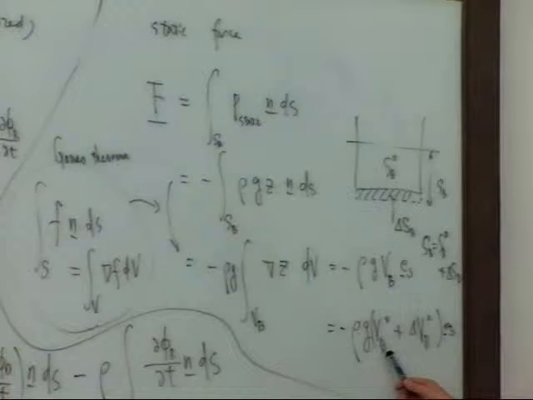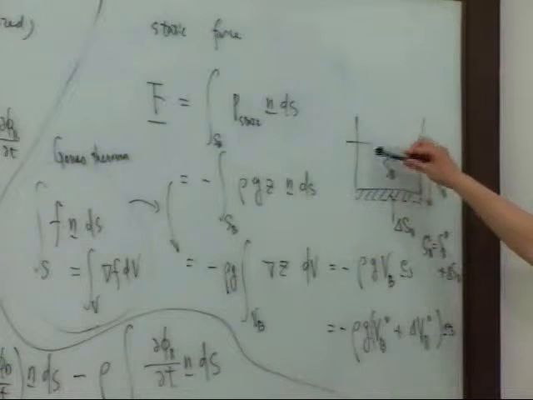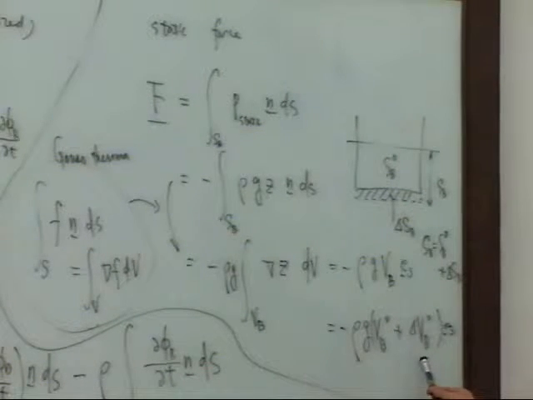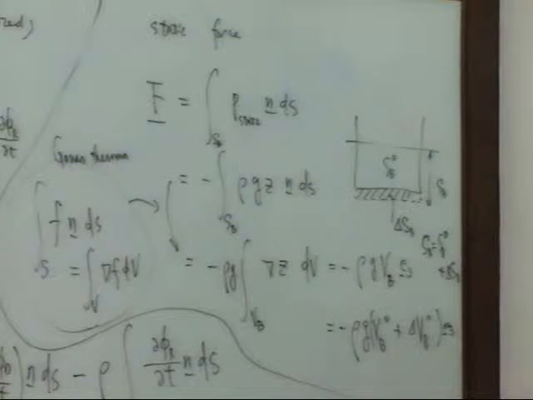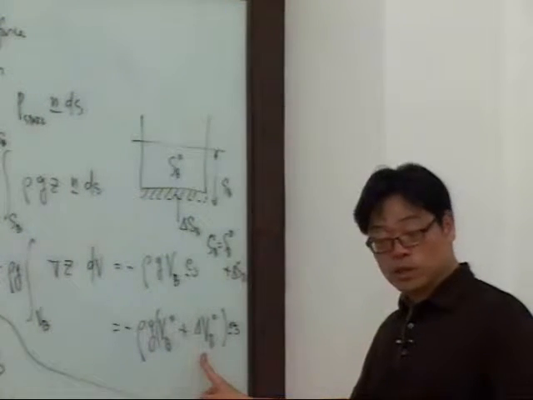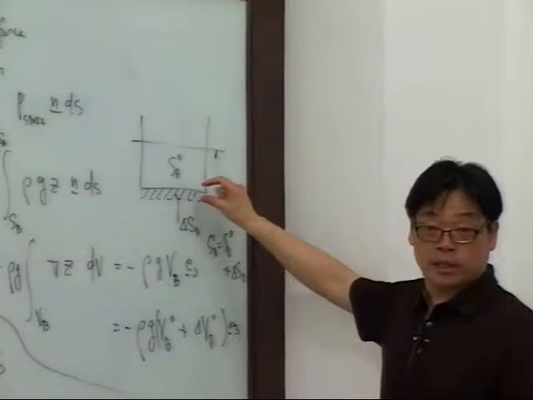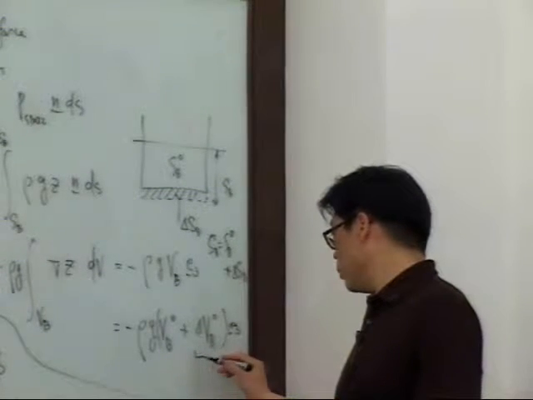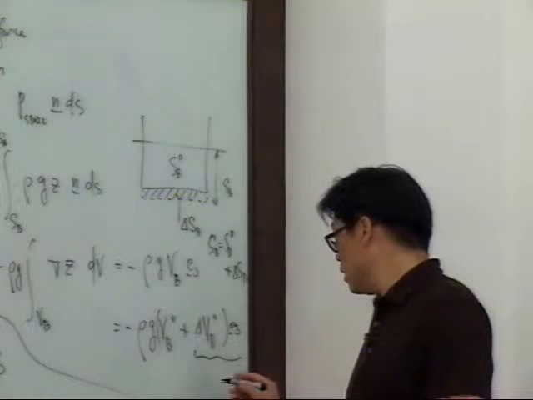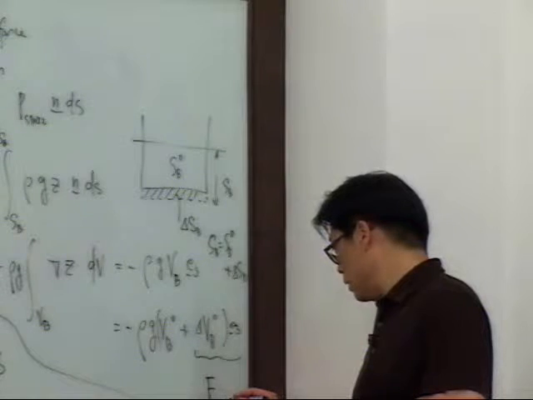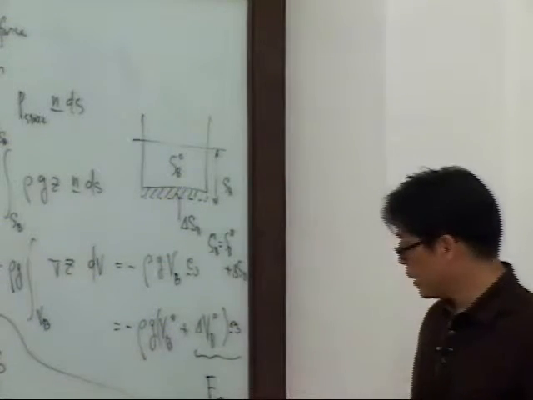This is the buoyancy in equilibrium, which is balanced with the weight of the body, and this is the additional static force due to the motion of the body. Okay. So this part is really what I need. So I call it F static. Let's call it S. Okay.